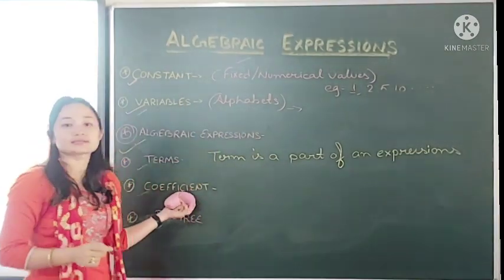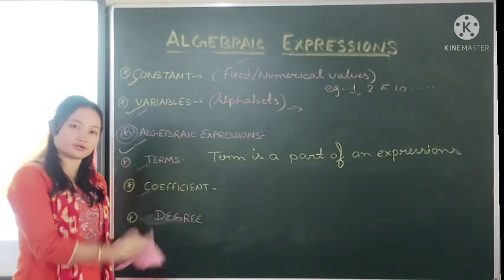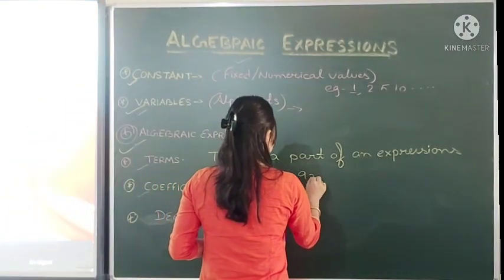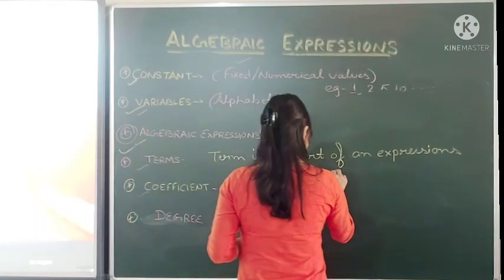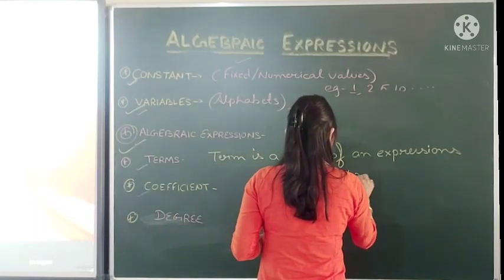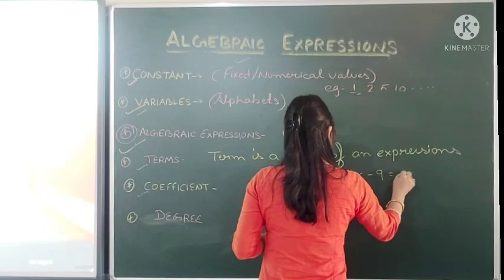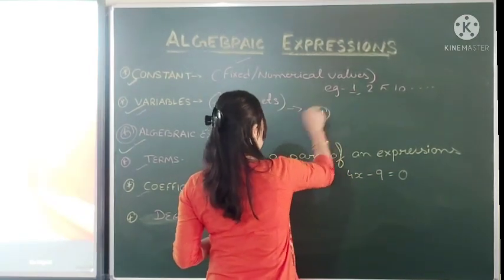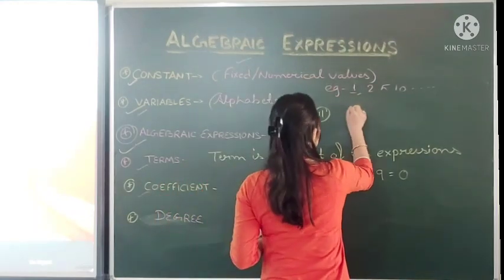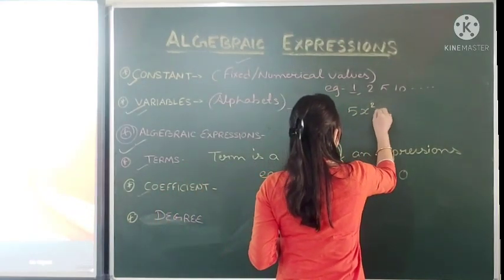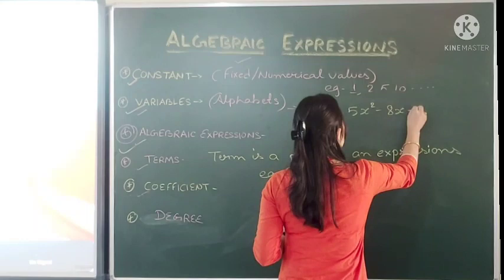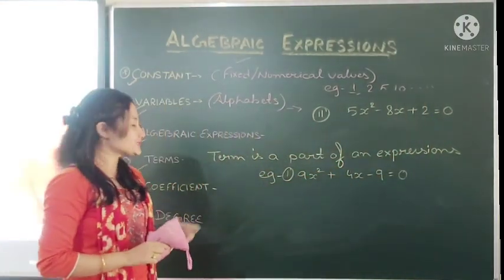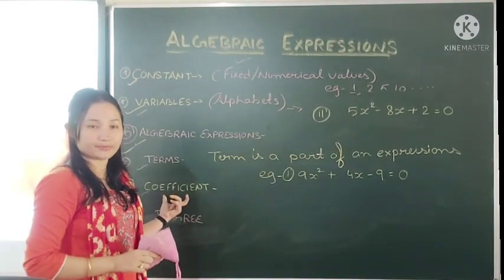Let's understand this concept by an example. Example number 1: 9x square plus 4x minus 9 equal to 0. One more example, number 2: 5x square minus 8x plus 2 equal to 0. Let's find out what coefficient means.